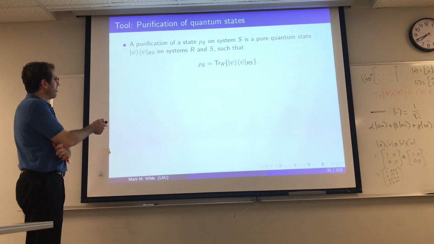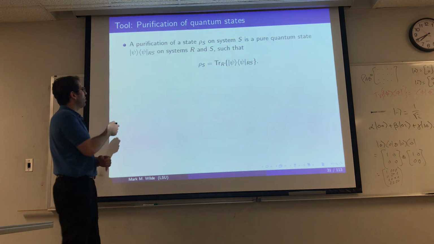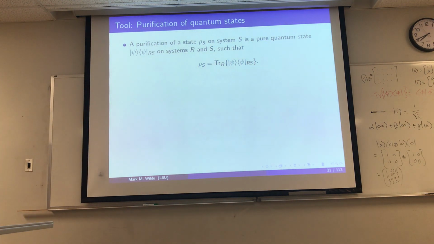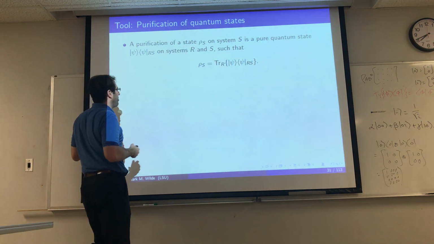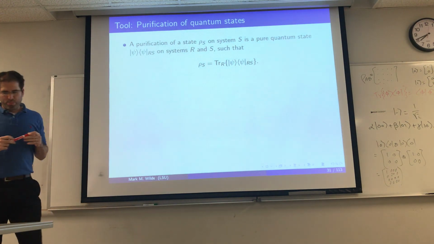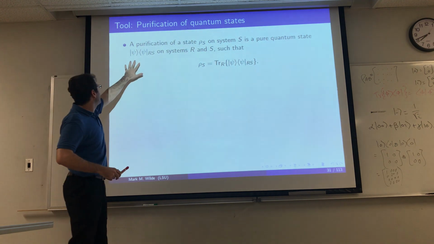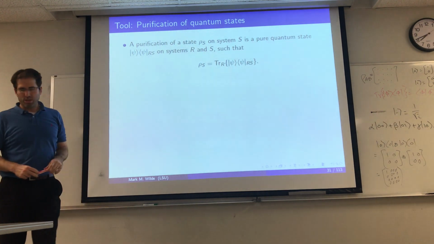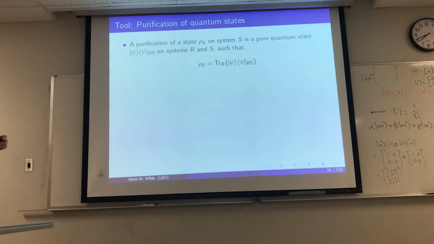So the strict definition is this. Suppose you have a density operator on a system S of interest. Okay? And we said that's a positive semi-definite, unit trace operator. A purification is a pure state that can be written as this psi on a tensor product space.